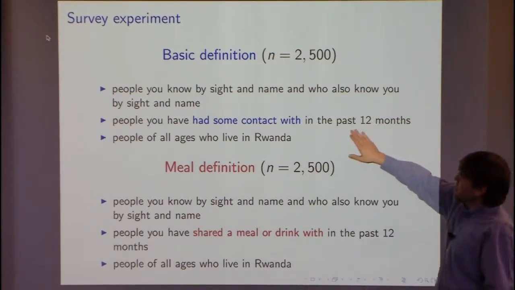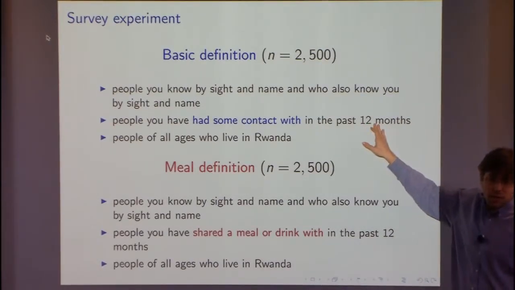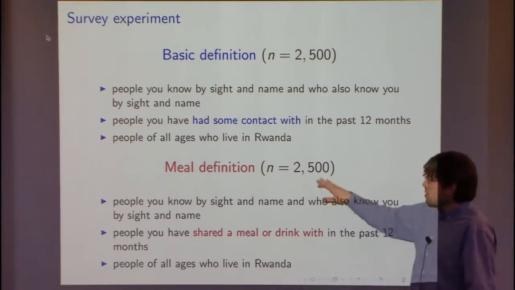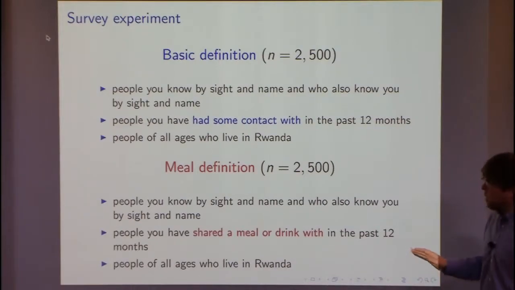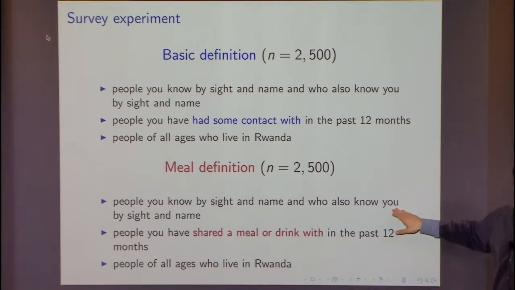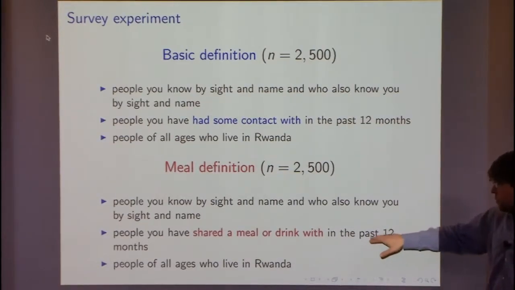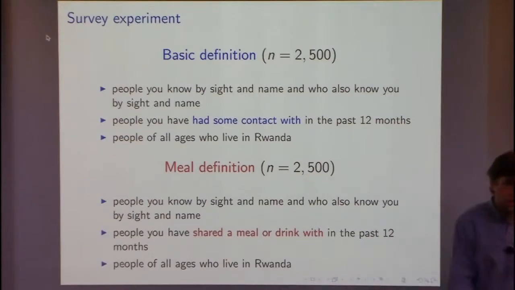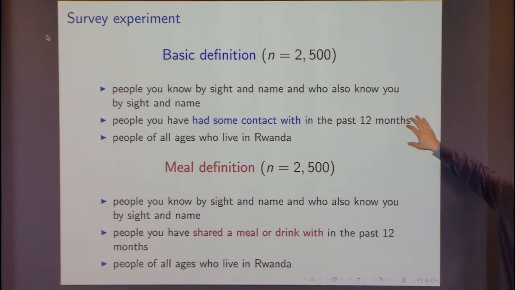It's people that you've had some contact with in the past 12 months, and people of all ages who live in Rwanda. Then the other half of the respondents got this meal definition, which is also people you know by sight and by name, but people who you have shared a meal or a drink with in the past 12 months, and again, people of all ages who live in Rwanda. So this stronger definition is completely nested within the weaker definition.